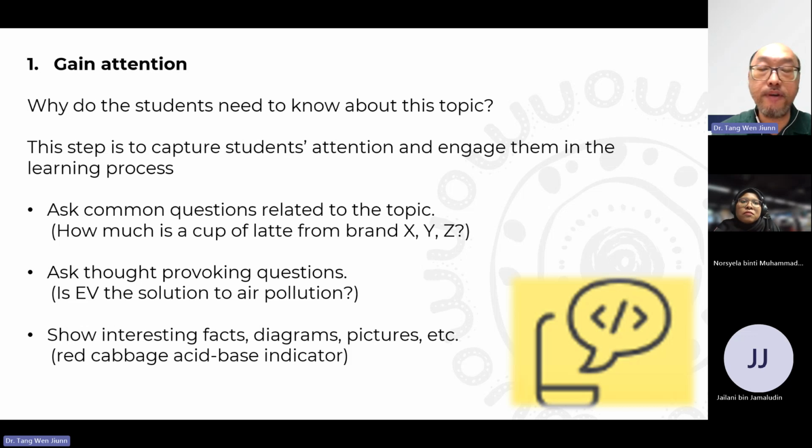For example, if you're teaching economics or business, and today's lesson is about branding, you can ask them, you just bought the Zeus coffee, so how much is it? Or do you have any experience buying coffee from airports or the stalls down there? That itself can become a starter to gain their attention, and then you can slowly move into the next part.